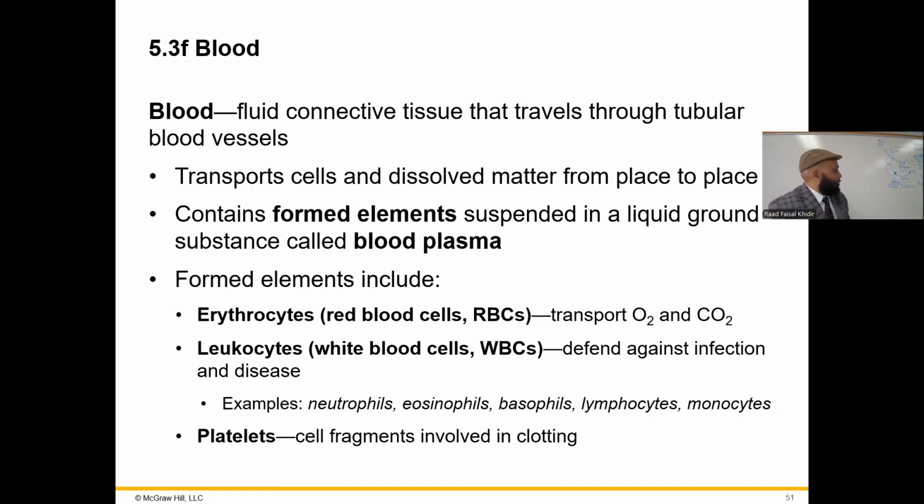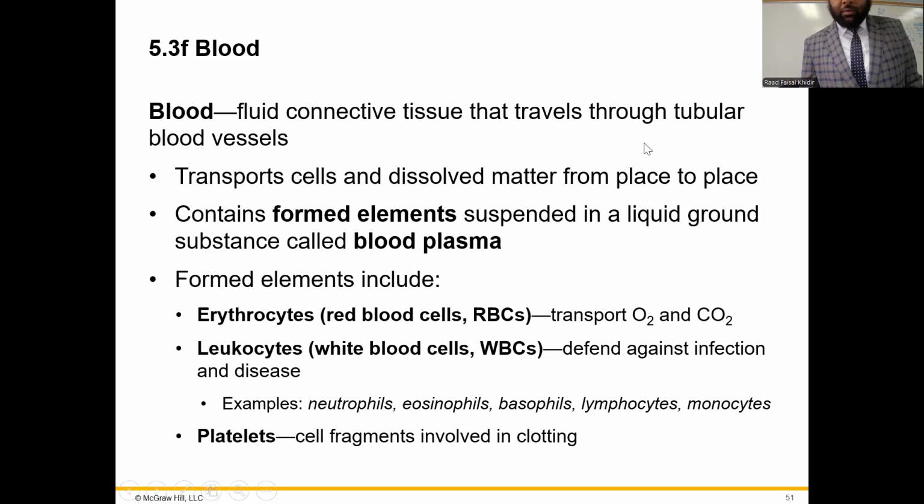What you have to know about the blood, that is very important, is this, structurally and functionally. If you centrifuge the blood, what's going to happen?